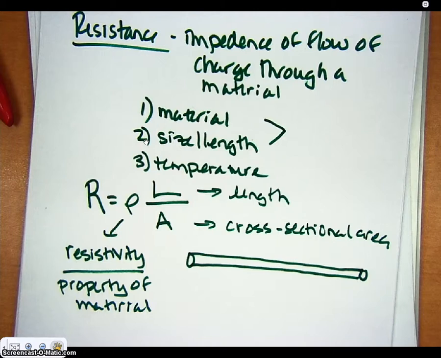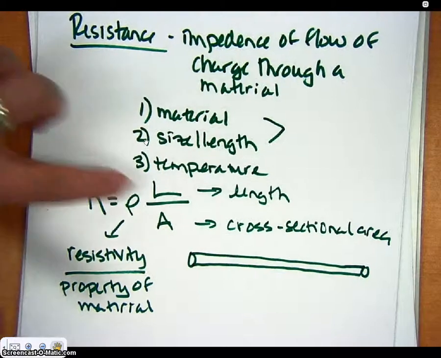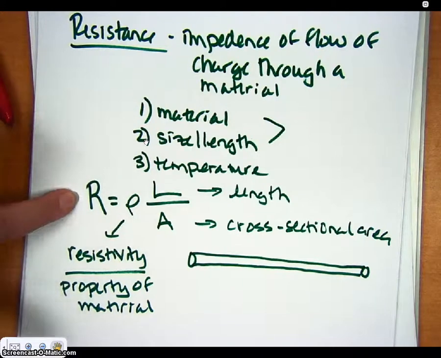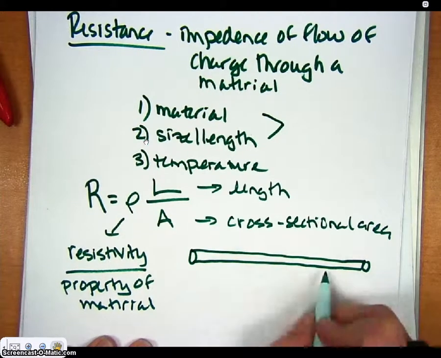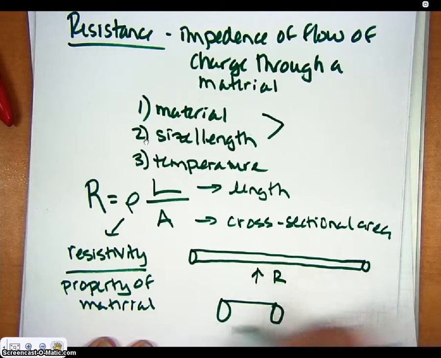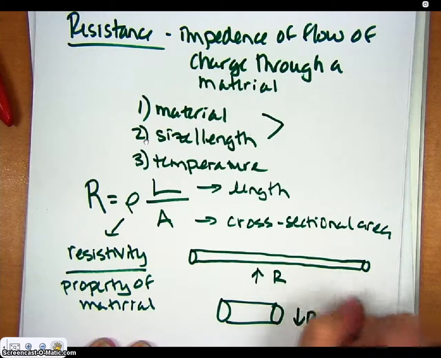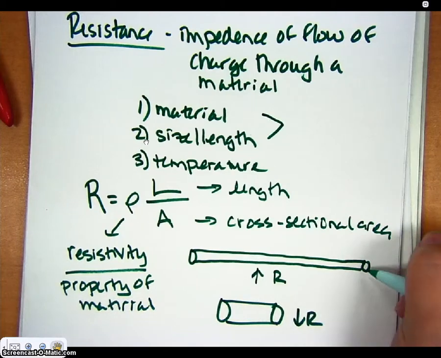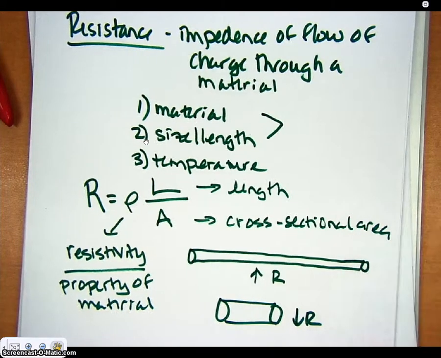But if we look at the equation, the longer the wire and the skinnier the wire, the more resistance. So long and skinny has a very high resistance, but short and fat has a very low resistance, which is desirable. However, out of necessity, we have to have these long, skinny wires.